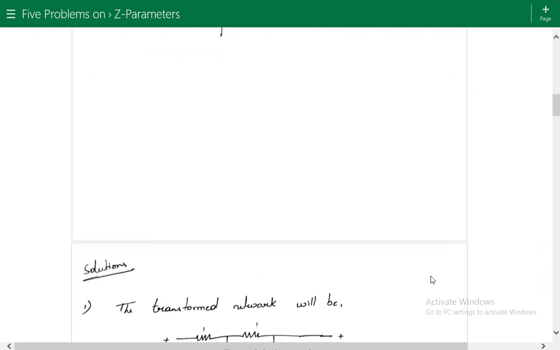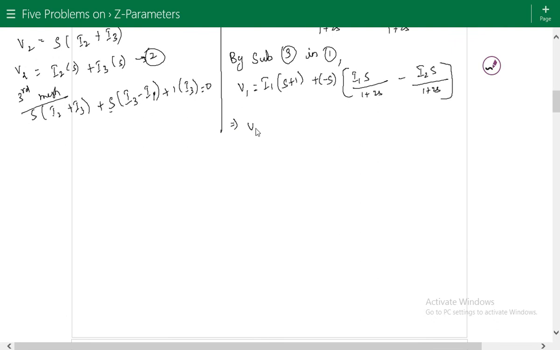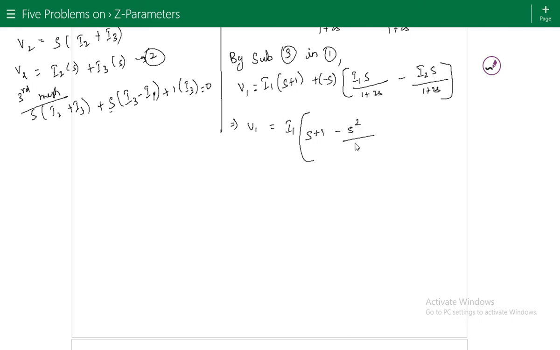Is it clear? Okay. So which is equal to, I am taking I1 as common, I1 into, what I will get here, S plus 1 minus S square by 1 plus 2S. Is it true? See here, S plus 1, I1 into S plus 1.